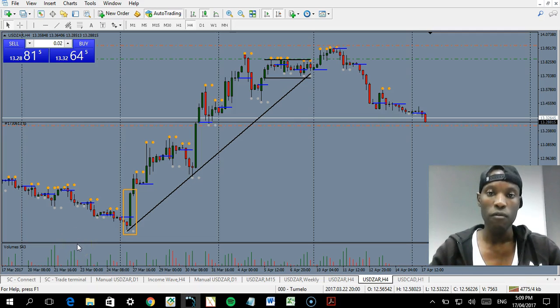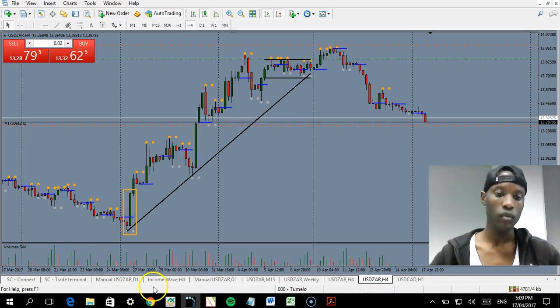Now, volume gives me more information to the price action. Volume basically tells me what the level of buying and selling activity was at a specific point in time in the market. Now, I'm just going to quickly plot these lines over here.